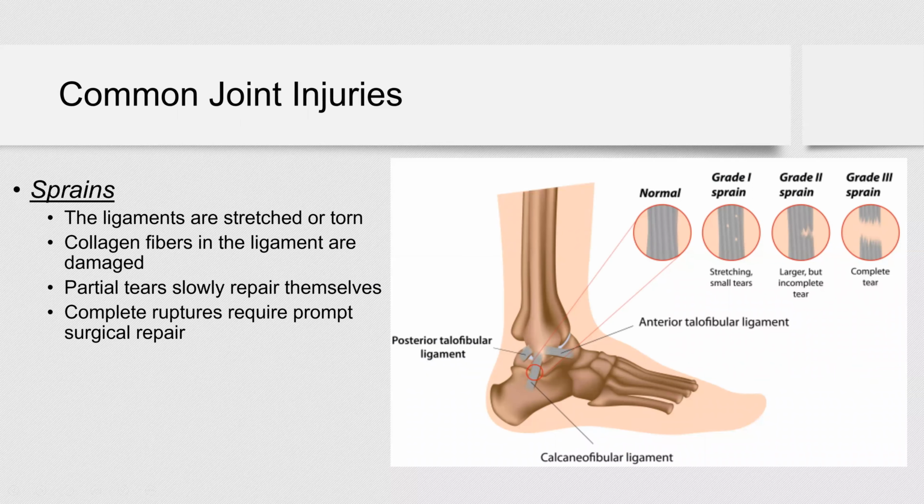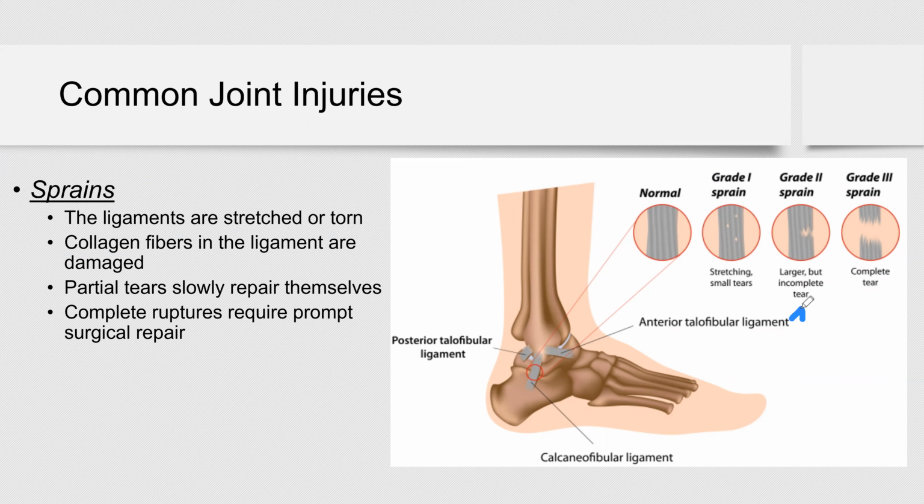Common joint injuries include sprains. Sprains are when we have ligaments that are stretched or torn, within the collagen fibers, because ligaments are dense regular connective tissue. So here's a normal ligament, here's a grade 1 sprain, where we have small tears.